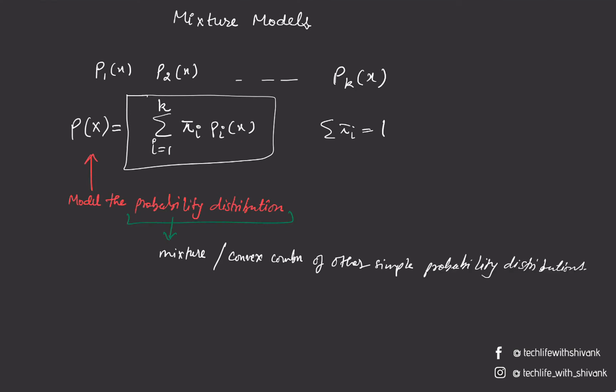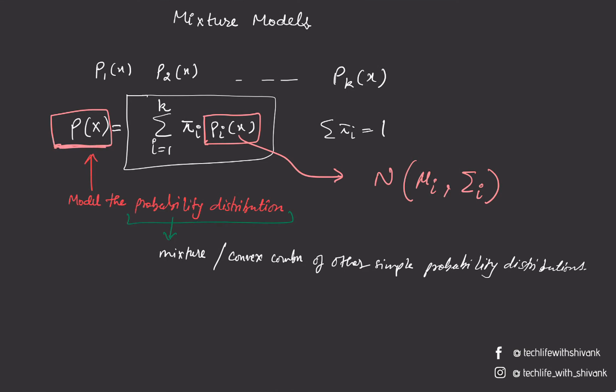And when the simple probability distribution P_i(x) follows a normal distribution, let's say with mean mu_i and variance matrix sigma_i, then this mixture would be the mixture of Gaussians.